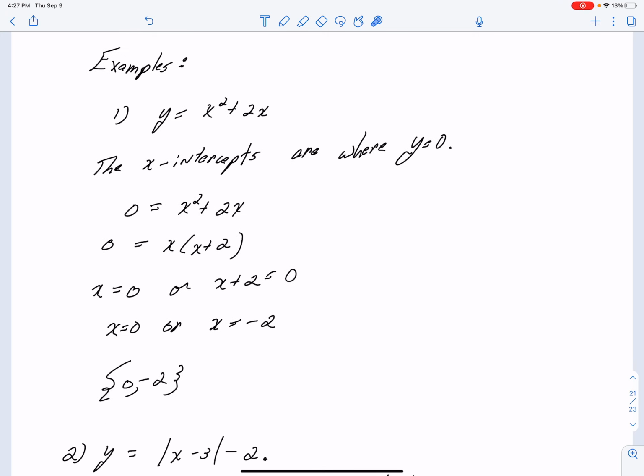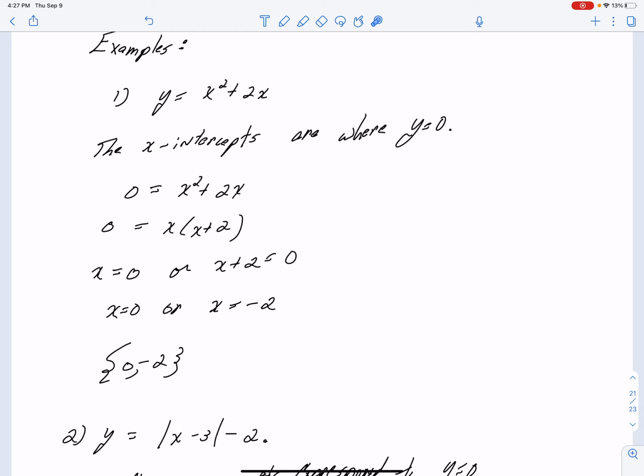Let's look at a couple of examples. Suppose I have this equation: y is equal to x squared plus 2x. If I'm interested in finding the x-intercepts, I set y equals 0. So I get 0 is x squared plus 2x.